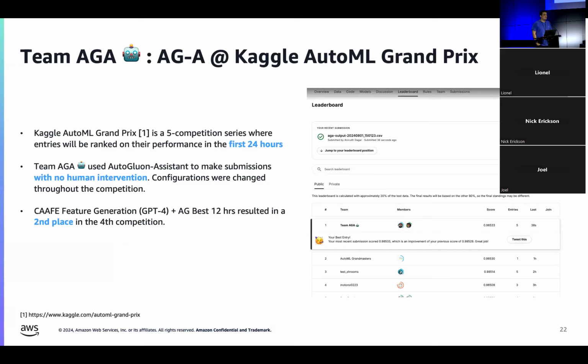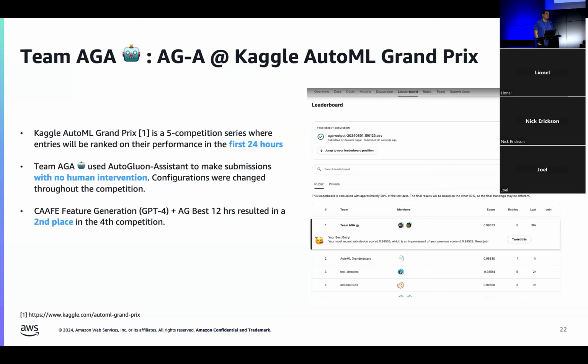Most of those submissions, of course, fell against the very helpful community, as it turns out, of Kagglers who just wanted to post their latest solution so everyone else could also submit with it. But I think in one competition, it really surprised us. In the 4th competition, it actually used features that CAAFE produced to get the 2nd place result.